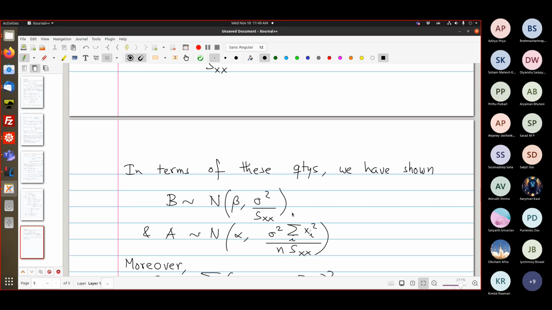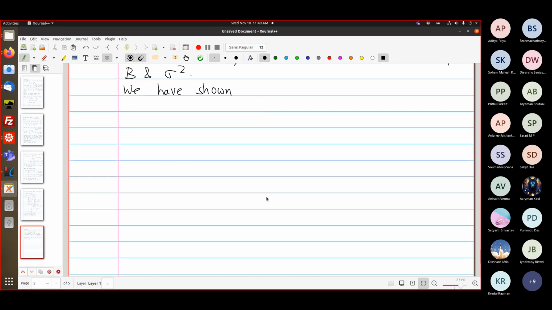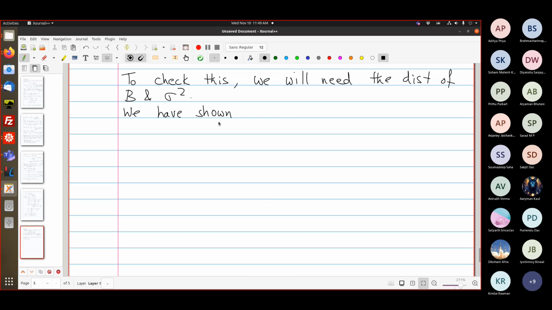So b minus beta by the square root of this quantity is a standard normal. So b minus beta by square root of sigma squared by sxx, which is the same thing as saying square root of sxx times b minus beta by sigma squared is a standard normal. Right? Oops, sorry.